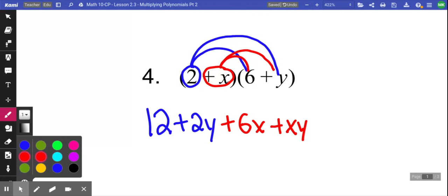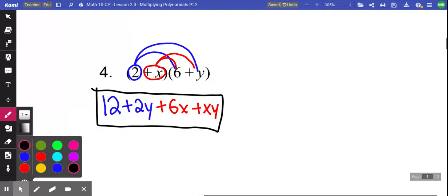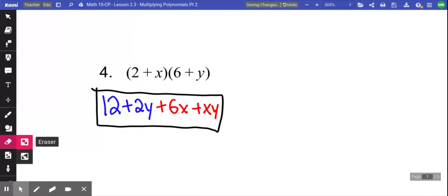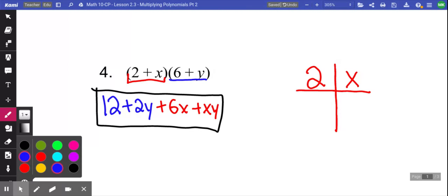That was one strategy. The second strategy we had was called an area diagram. So an area diagram, you take your first binomial and you write it across the top like this, and you make a little chart. Then you take your second binomial and you write it down the side.